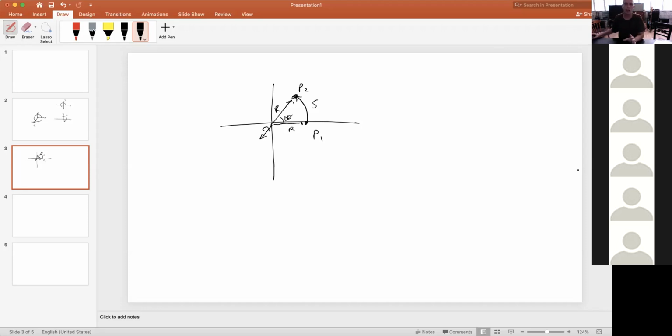And if R is constant, then it makes the arc length super easy because the arc length is simply R times the change of theta. And we really should call this delta S. So this is how far around the circle it travels. R is constant, and you have a change of angle.